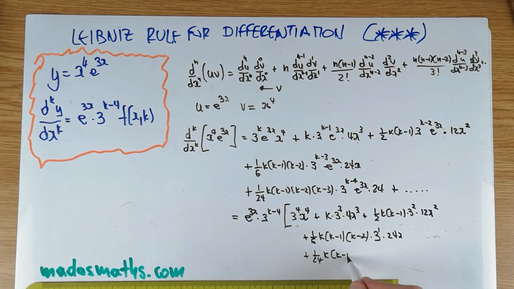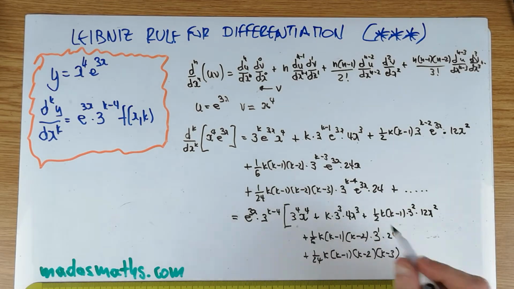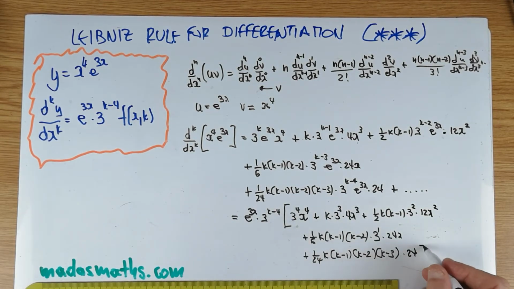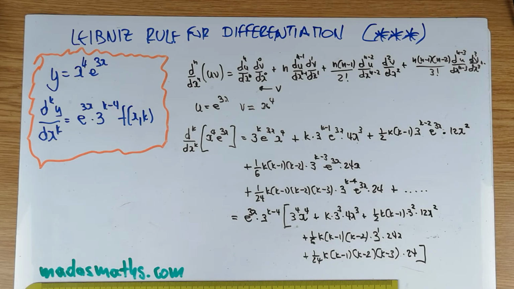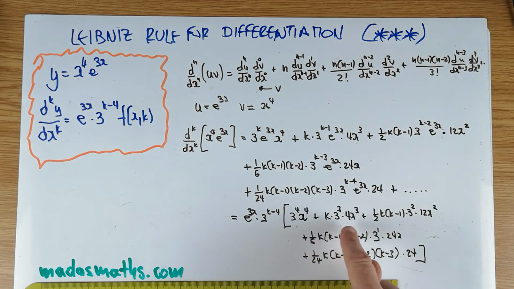Very long chain. k minus 2, k minus 3, up to here. This all gone out, this all gone out, and we've got times 24. So this is our answer, which I guess we can leave like that, because technically it's of the form that times that, and all of this is a function of k's and x's, but I think we can do a little bit of a tidy up.